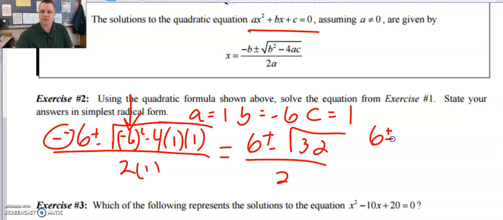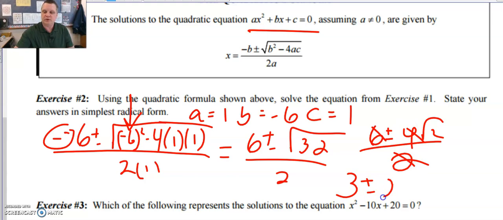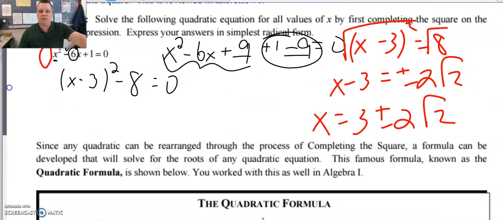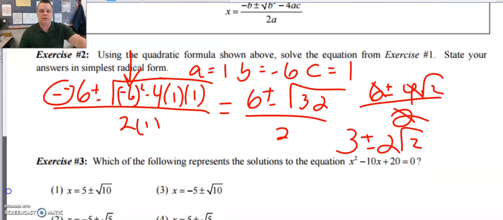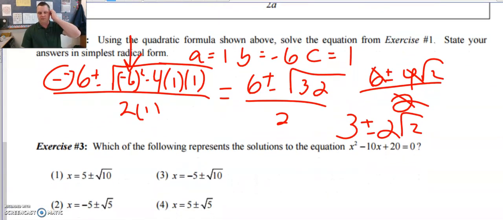So it's 6 plus or minus 4 root 2 all over 2. And you can only cancel if you can take out of every single term, and I can. So I end with a 3 plus or minus 2 root 2, which is the exact same thing that we got up there. Okay? And that quadratic formula will work all the time.